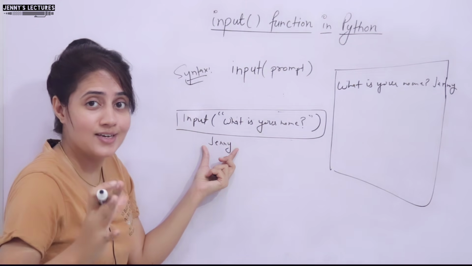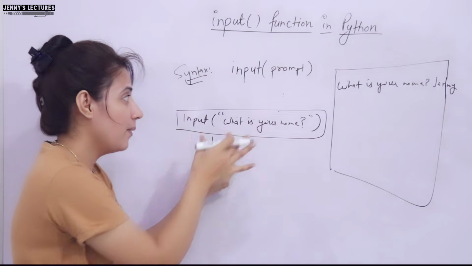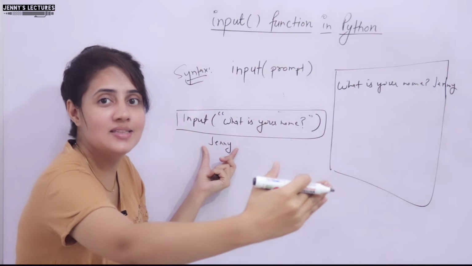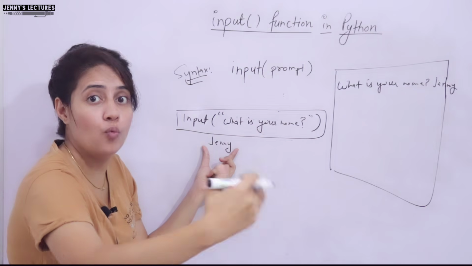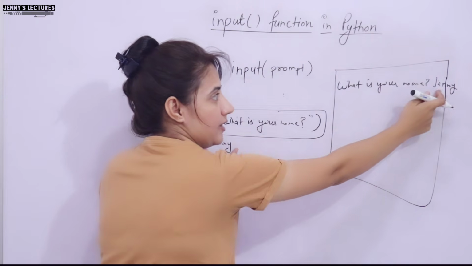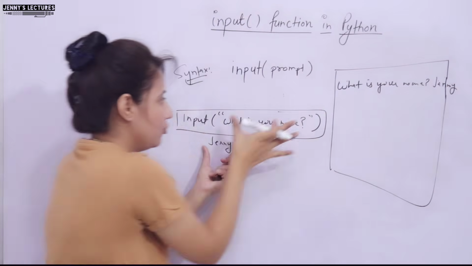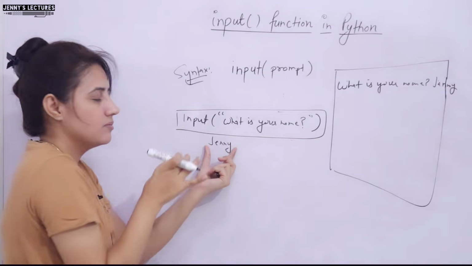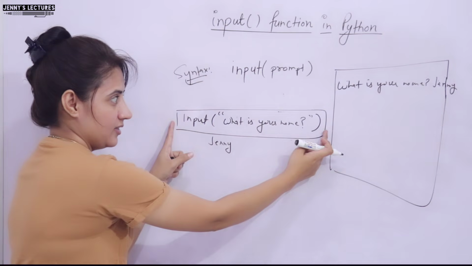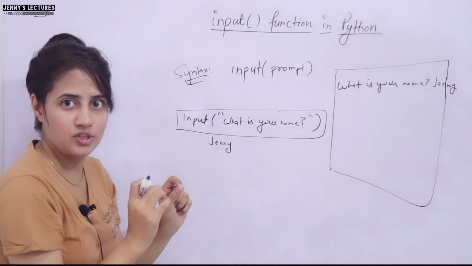Not actually, it's not that you will see this line replaced by Jenny in the program. No, it's a behind the scenes process. Whenever you enter any name and click enter, rather than this line, it would be Jenny. Virtually try to see that rather than this line in your program, we have Jenny.